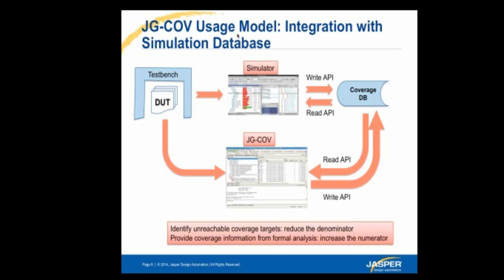So this kind of two-way communication with the coverage database gives us great interoperability between simulation and formal, and the idea is to have collaborative measurement and integration of the coverage to increase the confidence on the DUT.